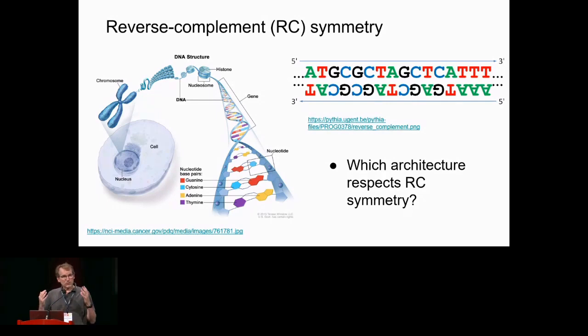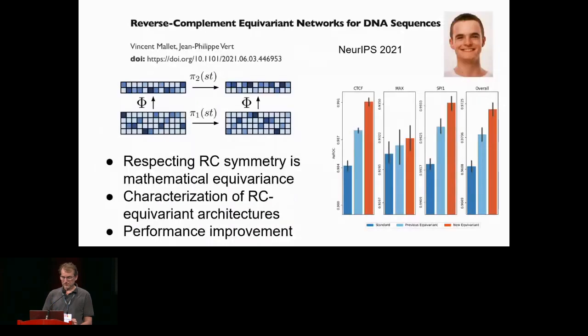So you could just start from that and say, well, how can I change the model so that it's aware of these symmetries that exist? For example, we've been working on this very specific question with Vincent Mallet. For this very specific symmetry, there's been some work before us by Anshul and others, but we were able to characterize the space of architectures which can be used to preserve the reverse complement symmetry.